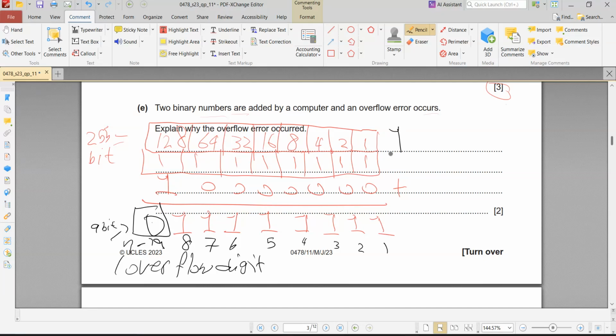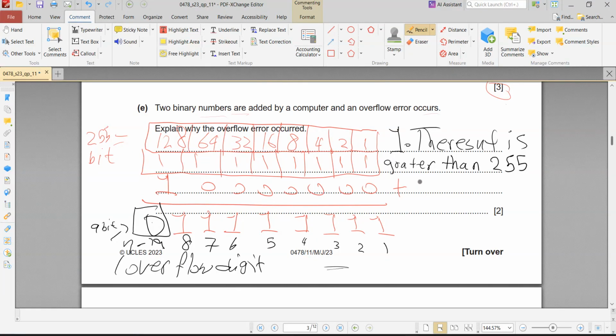So number one, the result, you see it in here, is greater than 255, because we have another digit shown, the overflow digit.